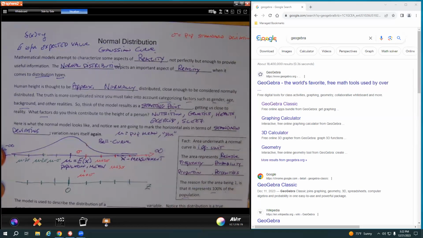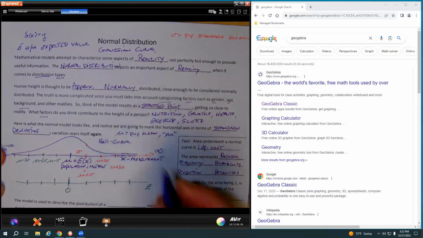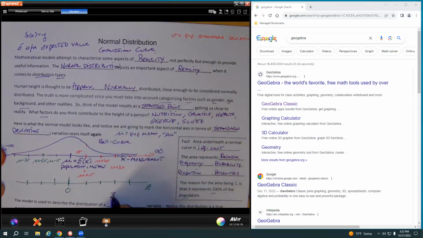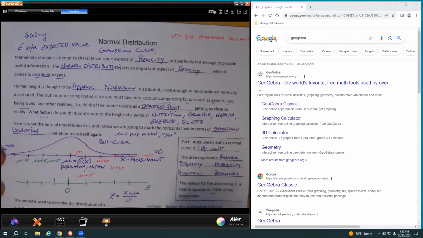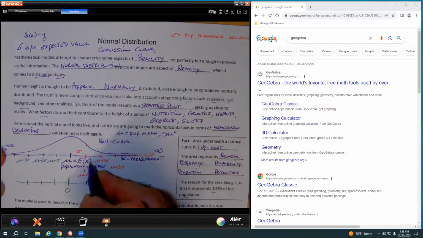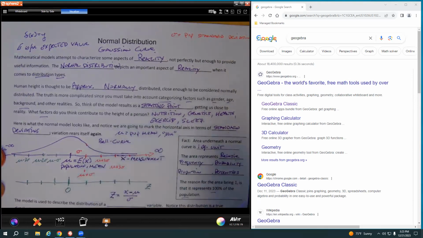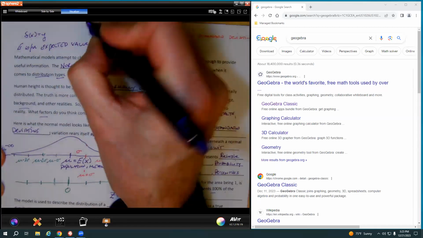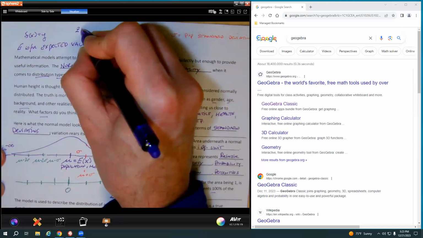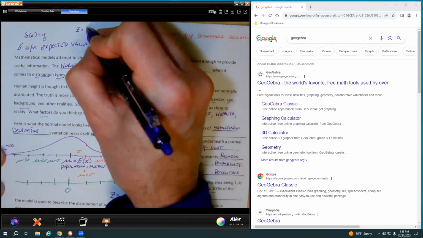And the formula to convert from x to z is the following. Right now x could be any variable. It's always going to be: measure the distance away from the mean and divide by sigma. For example, if I wanted to look at this value at the top, I'll do it symbolically so you can see everything.